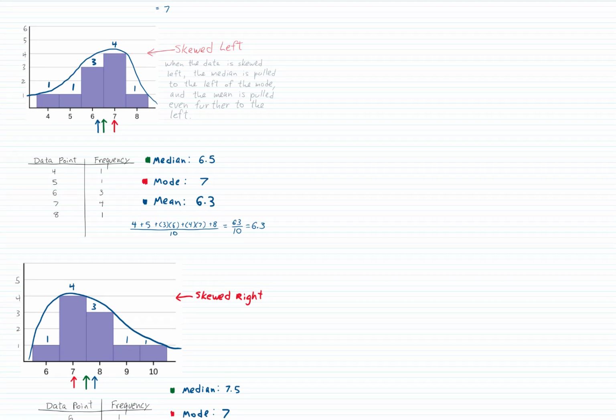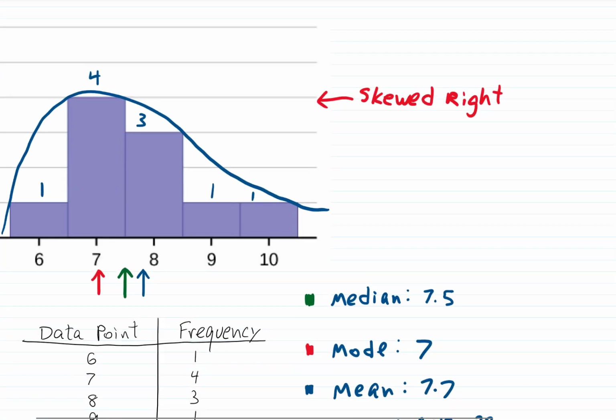When the data is skewed right, let's zoom in again. The median is pulled to the right of the mode, and the mean is pulled even further to the right. Let's write that down.